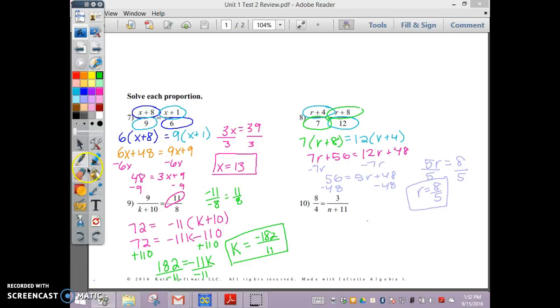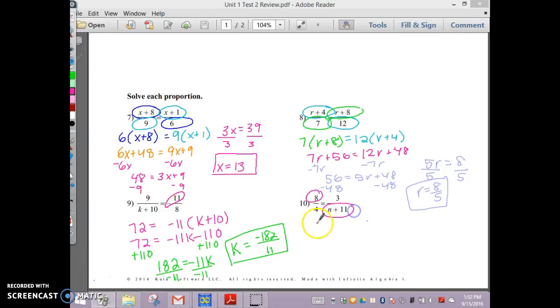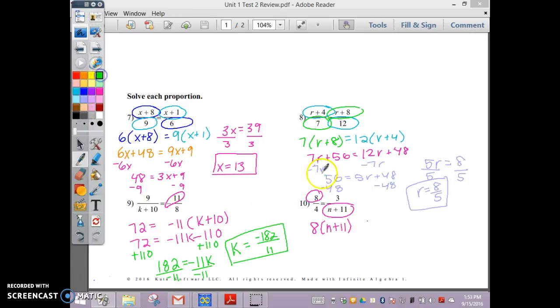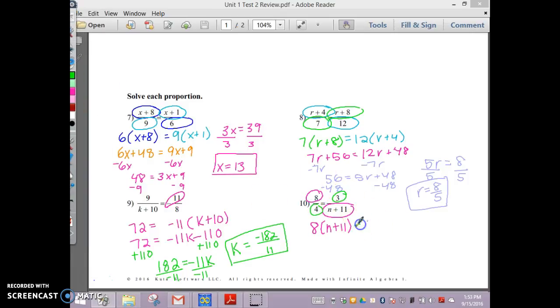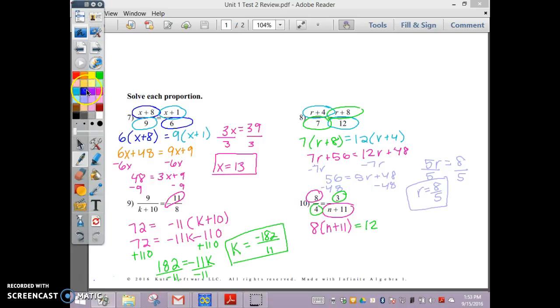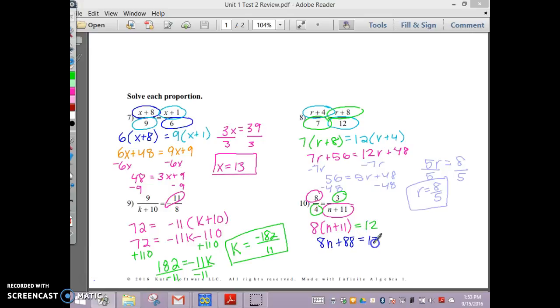All right, last one. Cross multiply again. So numerator times denominator, go ahead and distribute. And then numerator times denominator is 12. So I'm going to distribute my 8. 8n plus 88 equals 12.